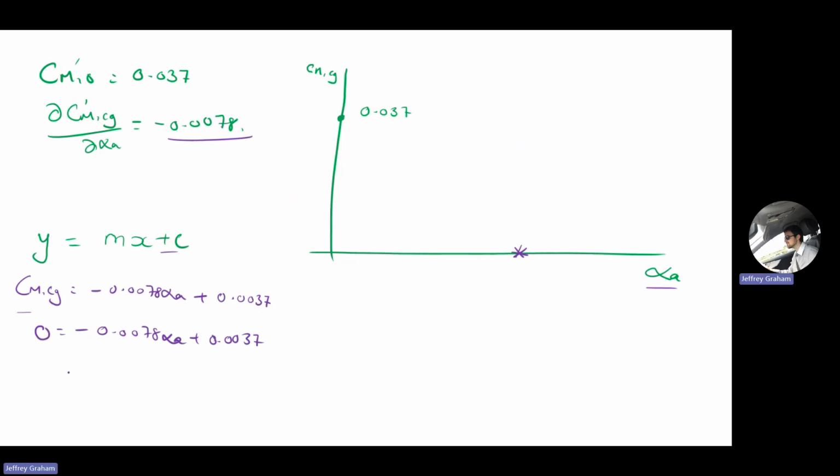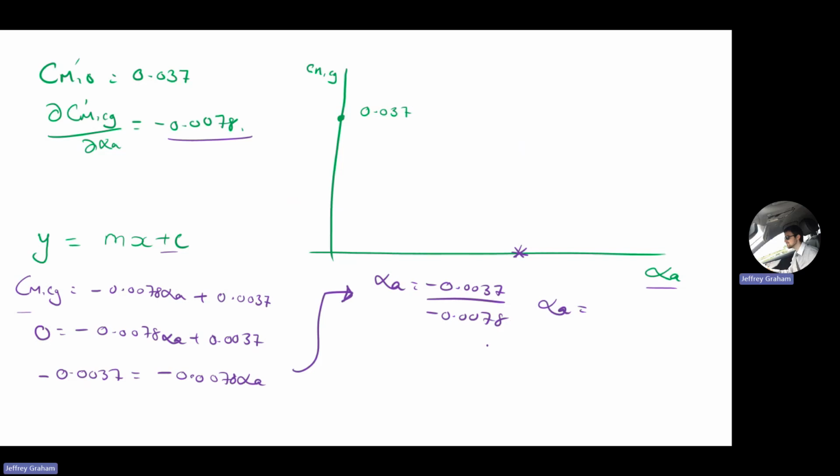So that will say 0.0037 is now negative. We'll go up here and divide through by, right? So we've got minus 0.0037. Divide all of that by minus 0.0078.